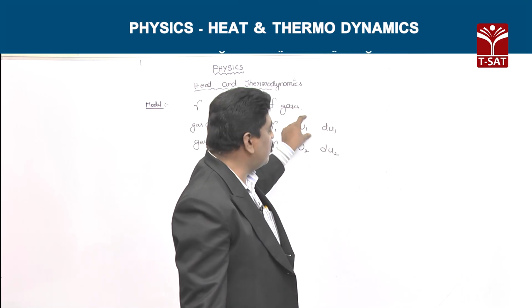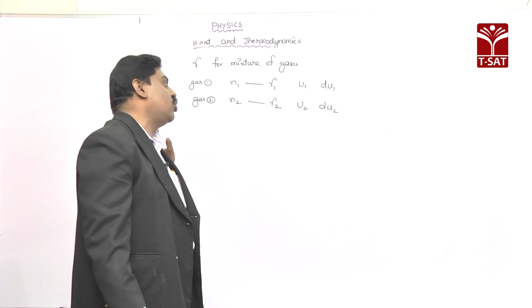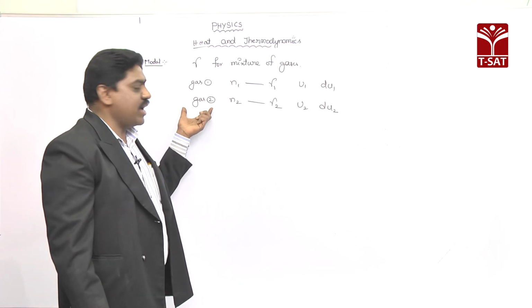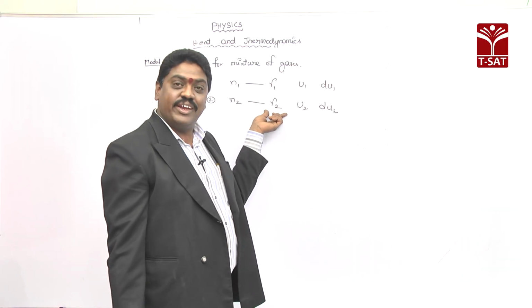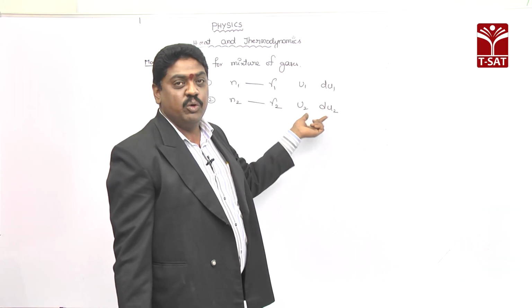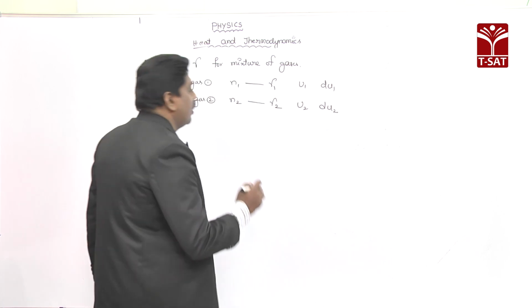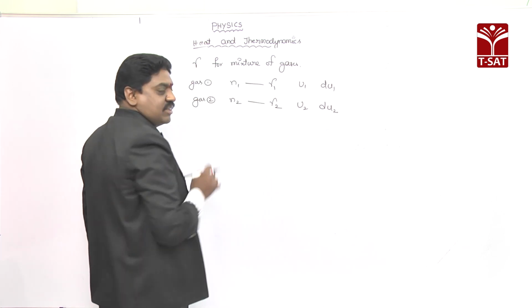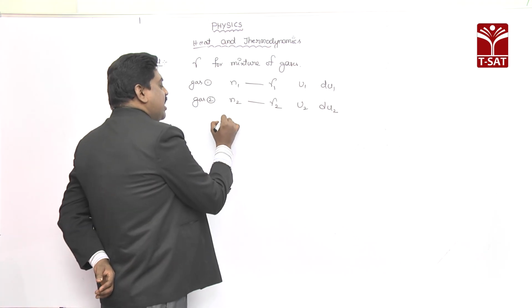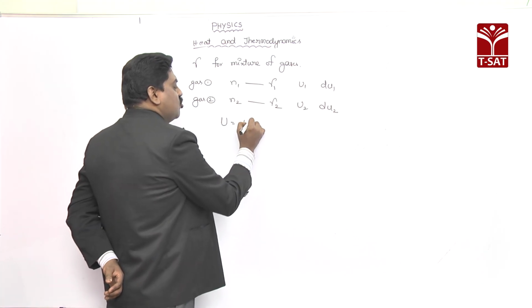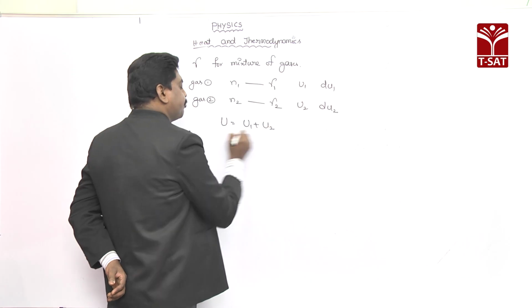Its internal energy is U1, and change in internal energy may be dU1. Similarly, we have gas 2 with number of moles n2 and ratio of specific heats gamma 2, with internal energy U2 and change in internal energy dU2. When these two gases are in a container in the form of a mixture, the net internal energy can be given as U equals U1 plus U2.